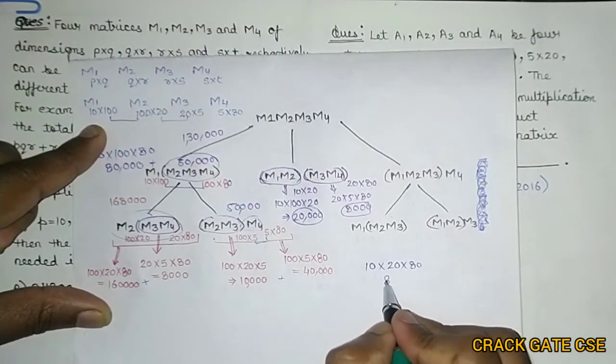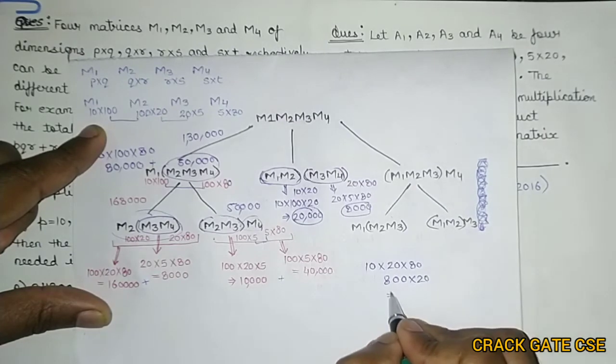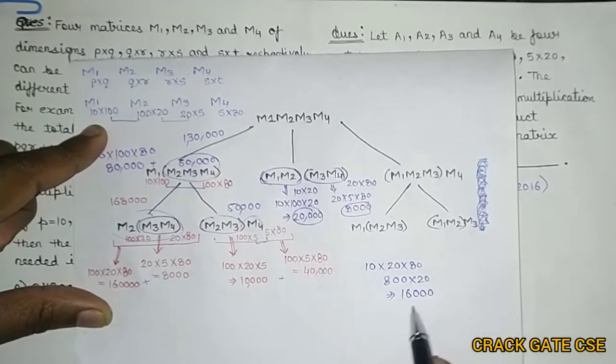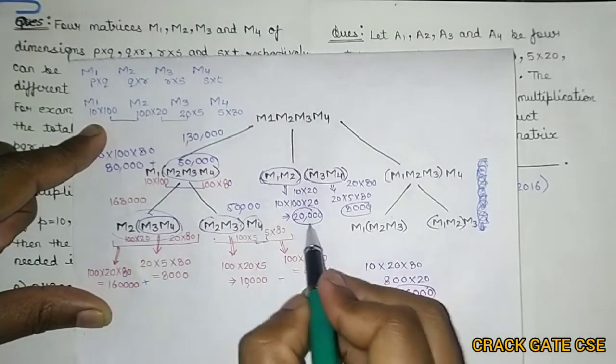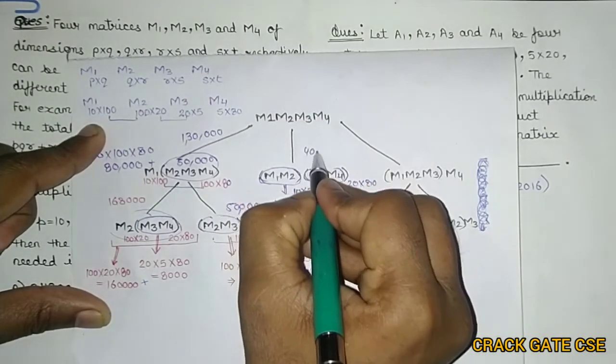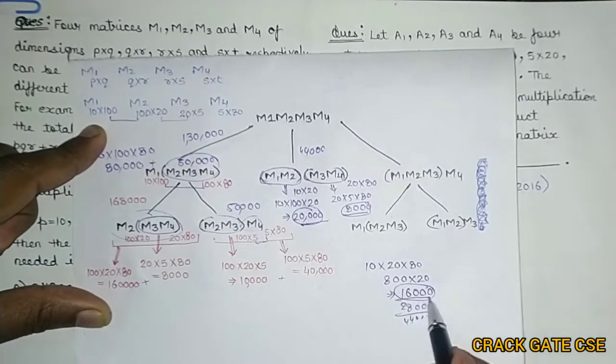So it will be 800 into 20, which is nothing but 16,000, right? So if you add 16,000 with this 28,000, what will it be? 44,000. So we got 44,000 here: 20,000 plus 8,000 plus this 16,000.